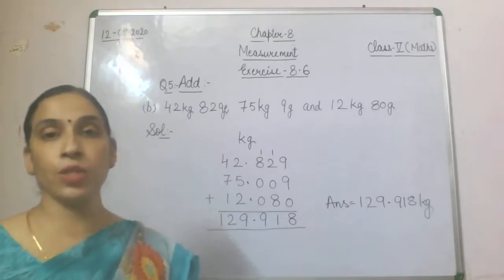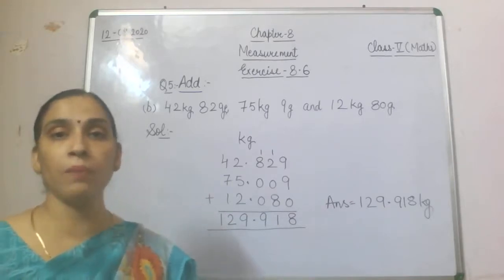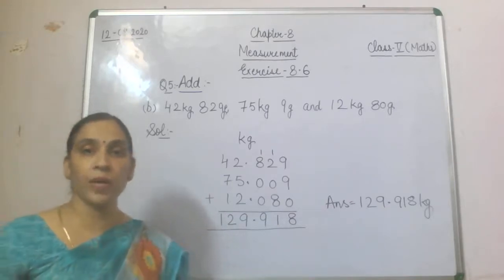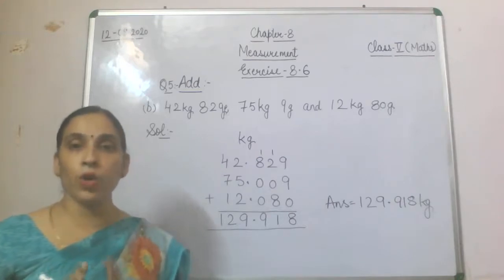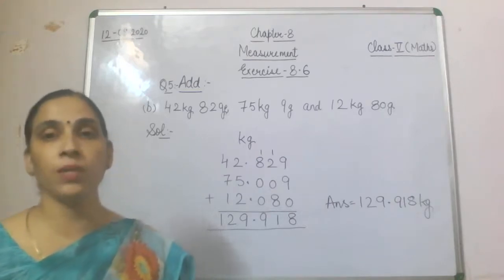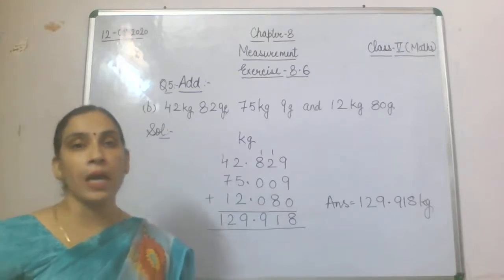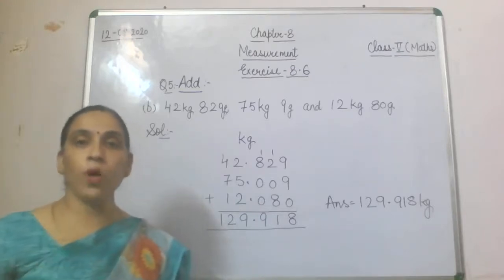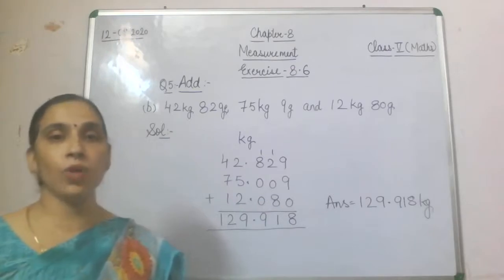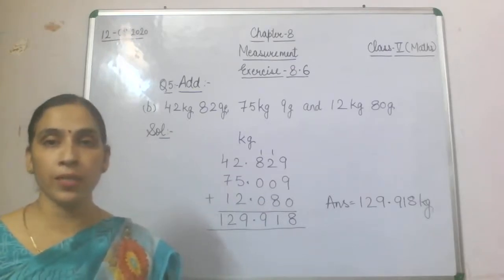So these questions you will do in your copy. Do a lot of practice. If any concept is not understood in the video, you are supposed to ask in our online class, and keep on practicing all these concepts.